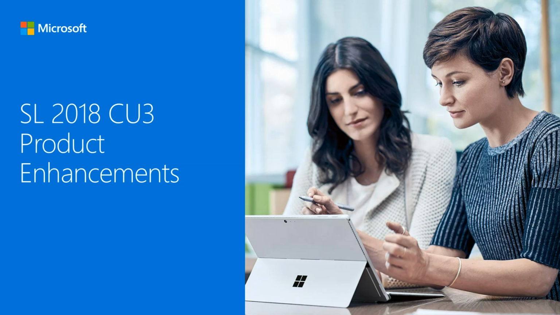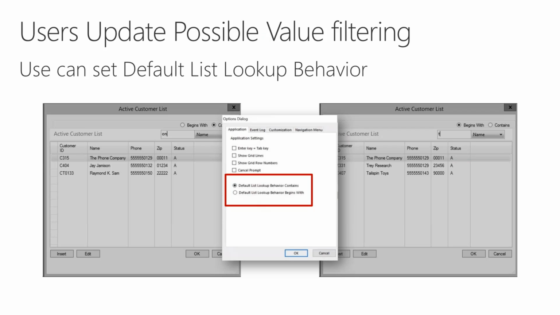Let's jump to CU3. CU3 added the capabilities of what we talked about earlier. Someone came to me after one of these presentations and said, I like the fact that you can set up the begins with or the contains clause, but my admin, I don't need to go to him to set it up. Can't I just do it myself? So we've done exactly that.